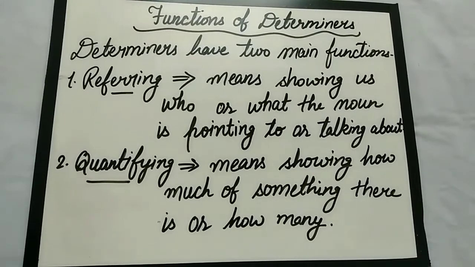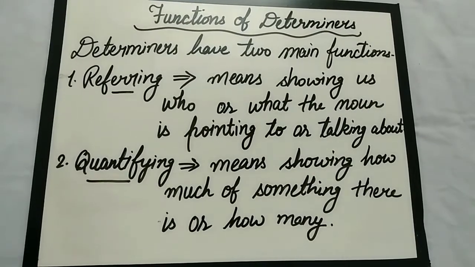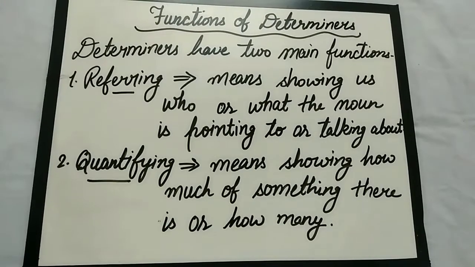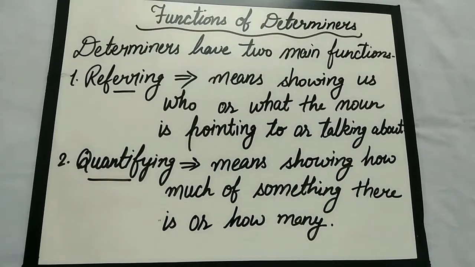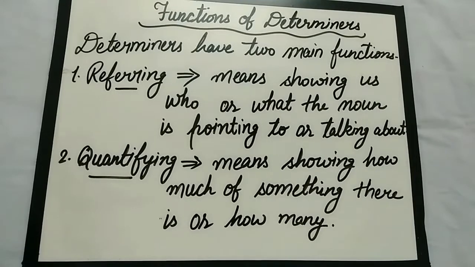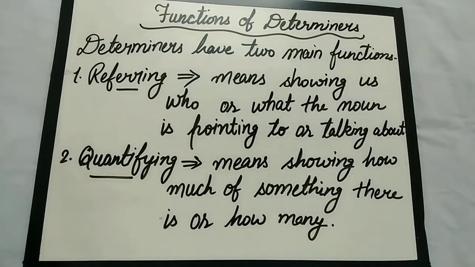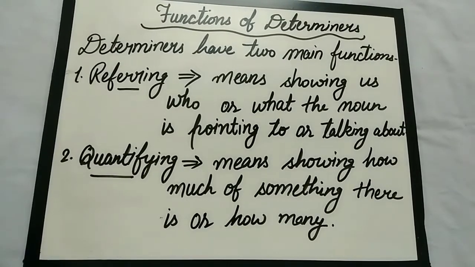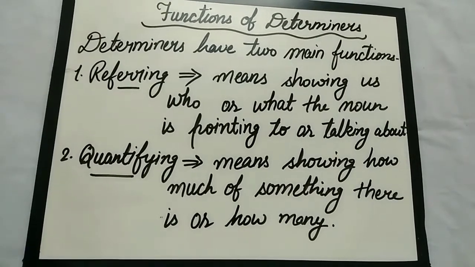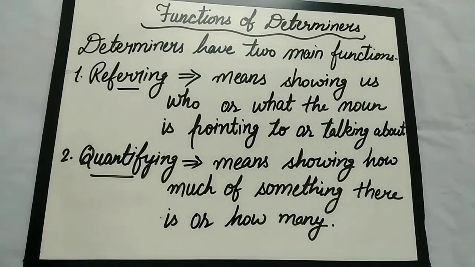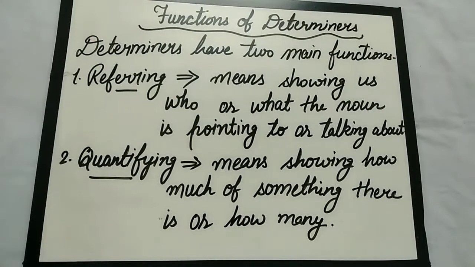And another function of the determiner is quantifying, which means showing us how much of something there is or how many in number. For example, 5 people were arrested by the police. So here the term 5 is quantifying the noun, meaning how many people they were in number, it is giving the quantity.